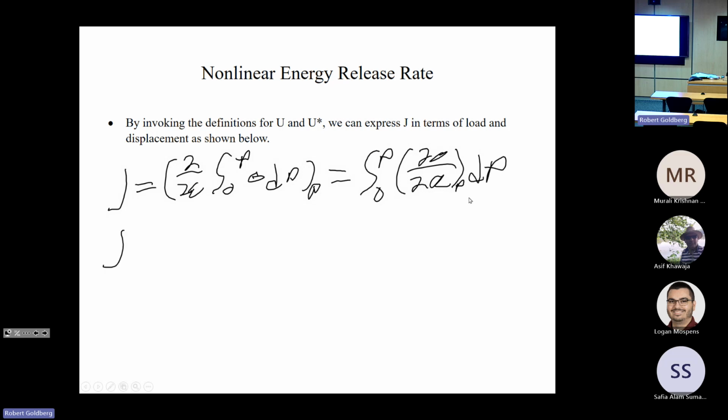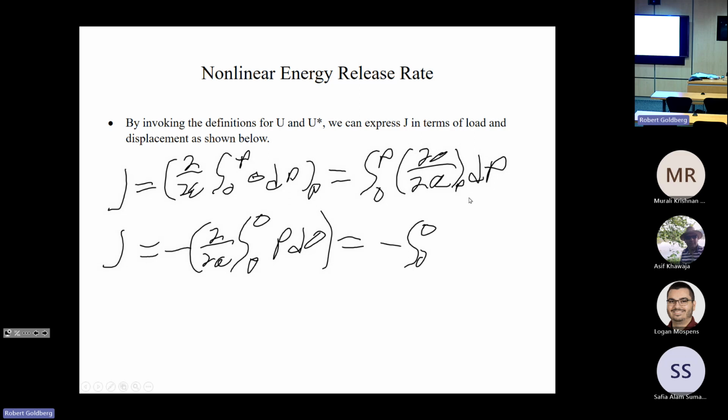Or conversely, for the case of displacement controlled loading, it's equal to the negative of the derivative with respect to the crack length of the integral from 0 to our applied displacement of P d delta, which is equal to negative the integral from 0 to delta of the derivative of the load with respect to the crack length for the case of constant displacement.